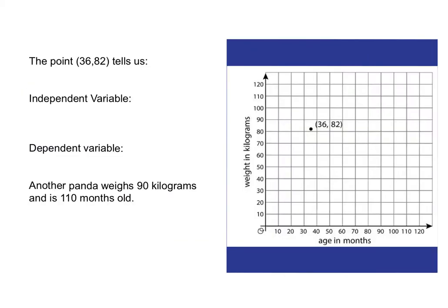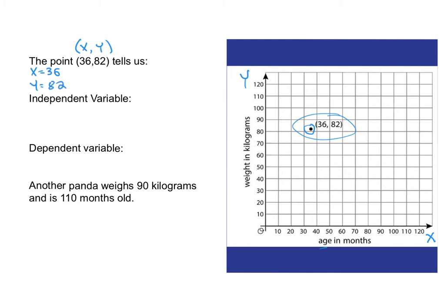Starting with this graph about pandas that you saw in the diagnostic, I asked you, what does this point represent? Since all of our points are always an x and then a y value, we know that the horizontal is our x-axis, the vertical is our y-axis. So this point right here represents when x equals 36 and y equals 82.